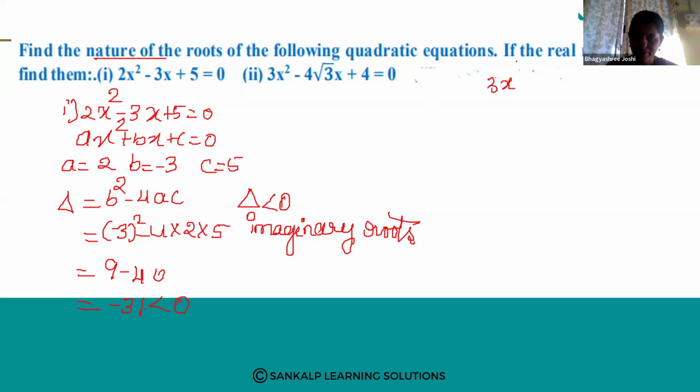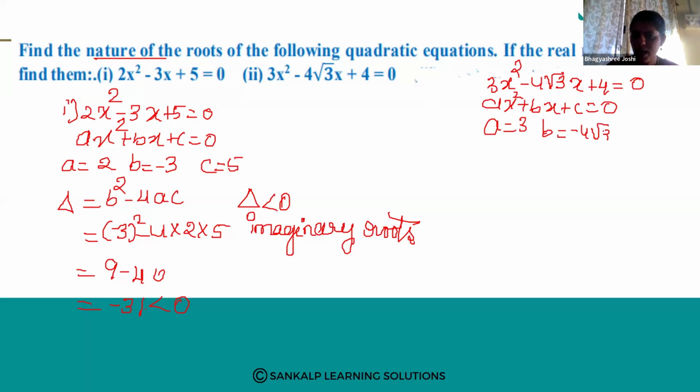Next, 3x square minus 4 root 3x plus 4 is equal to 0. So this is also ax square plus bx plus c equal to 0. This is also a quadratic equation. So a value is 3 here, b value is minus 4 root 3 and c value is 4, right?